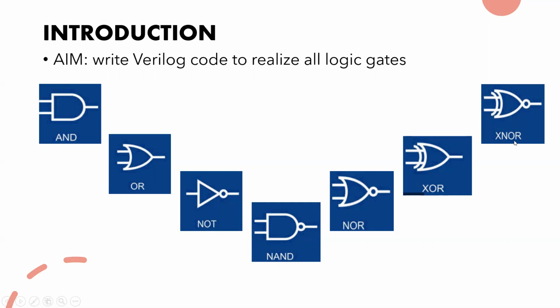If the inputs are A and B, the output will be (A bar B plus A B bar) whole bar, which is nothing but just a reverse of this. The NOT operation of the output of XOR gate will be the output of this XNOR gate. So this is about the various symbols of the logic gates.